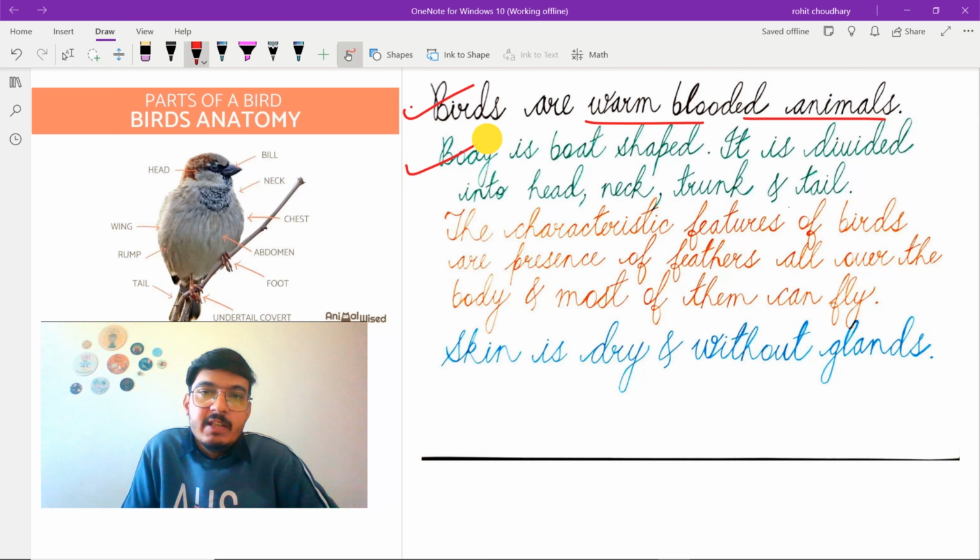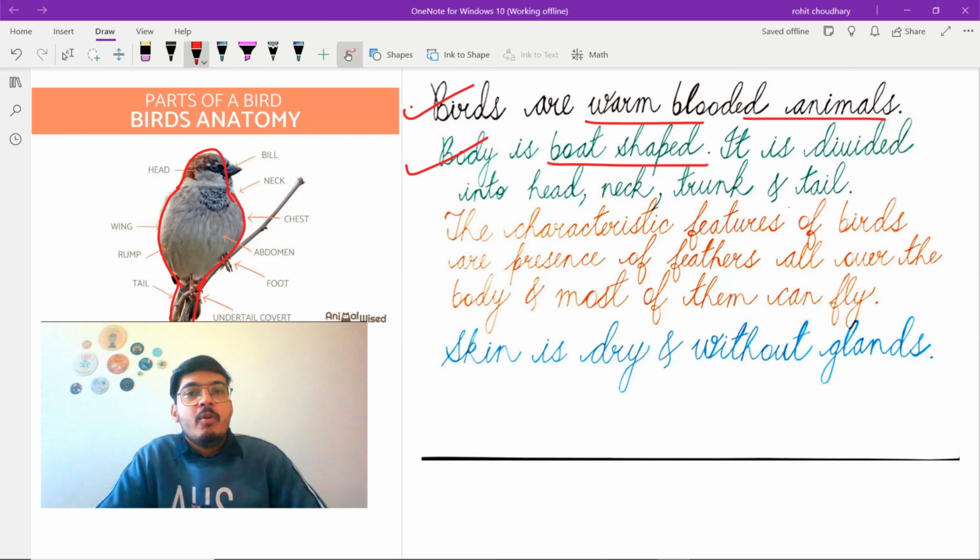The next feature is body is bowl shaped. As we can see in this picture that the body is wide in the middle and it's tapered at the ends. So this type of body is known as bowl shaped body or a streamlined body. Bowl shaped body helps a bird while flying.